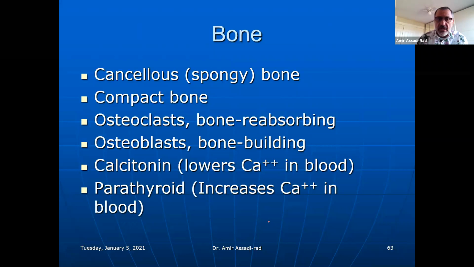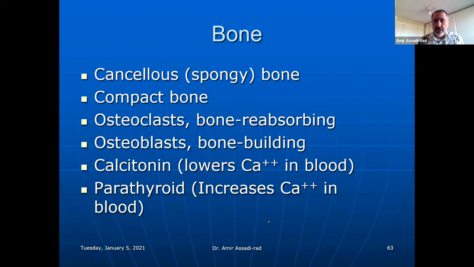So let's talk about what happens. The bones of your body are constantly being remodeled. This is not the same bone you had 5, 6, 7 years ago. The hormone calcitonin comes from your thyroid gland, and in the back of your thyroid gland, your thyroid does not go all the way back. Your thyroid gland is like a butterfly, and in the back of it there are 4 parathyroid glands.